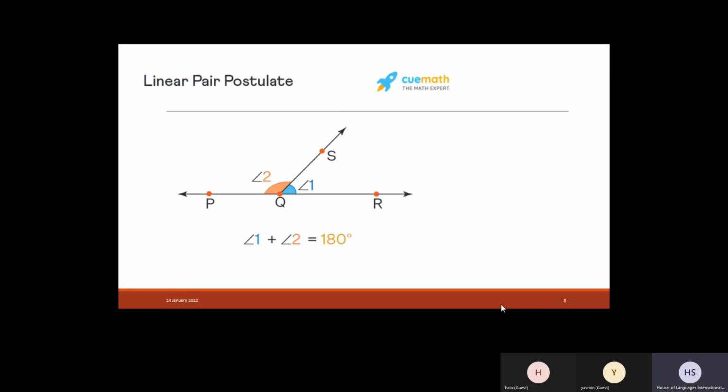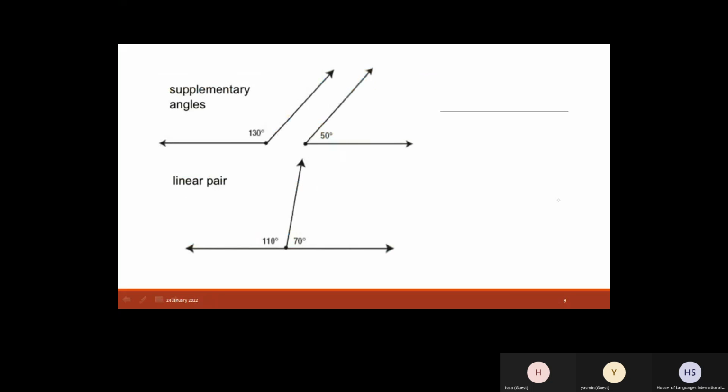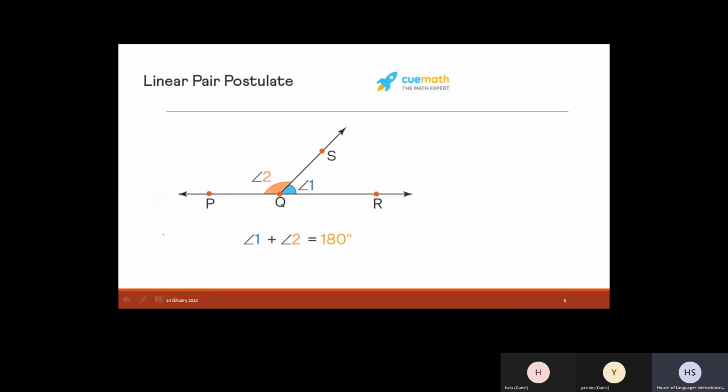Now the second one is the linear pair postulate. The linear pair postulate means if there's a line like this, and there's another line that intersects it like this, the summation of these two angles is 180.